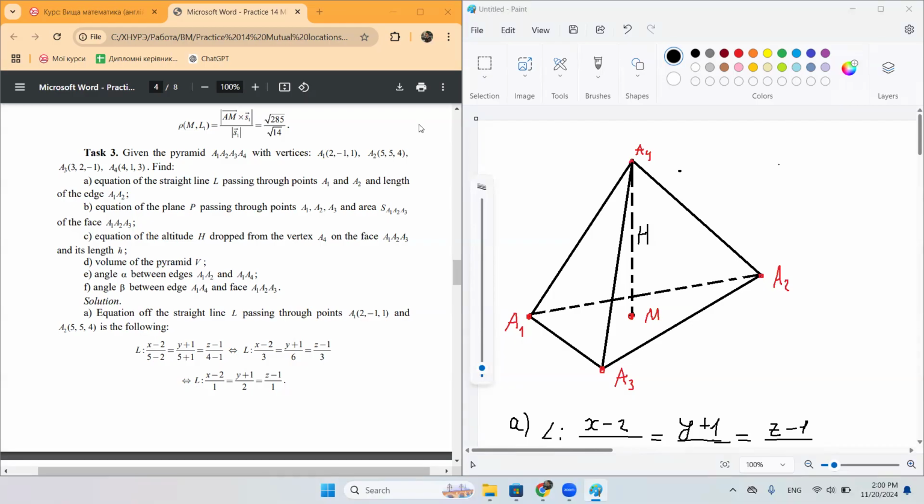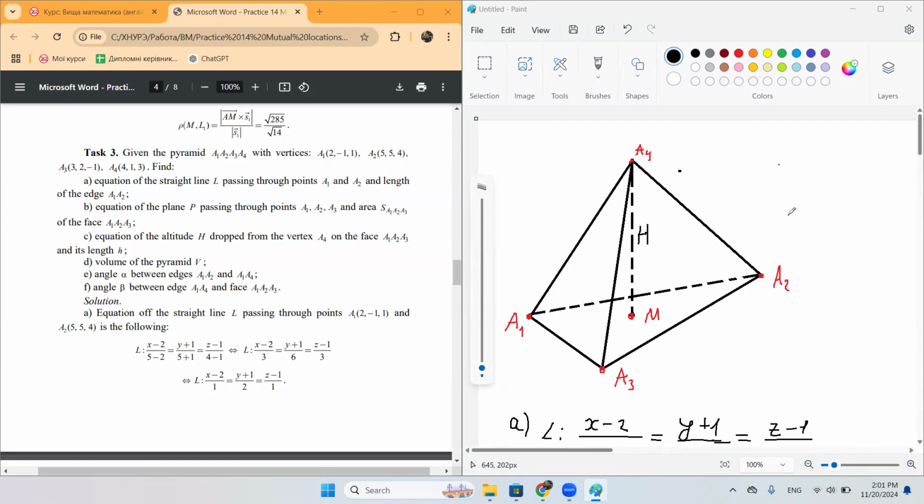Okay, so the first way is to find the intersection point M of the plane and this straight line h, and then find the distance between M and A4. But there is a simpler way to do it. Bogdan? We could find the intersection point of the height with the plane, I think.